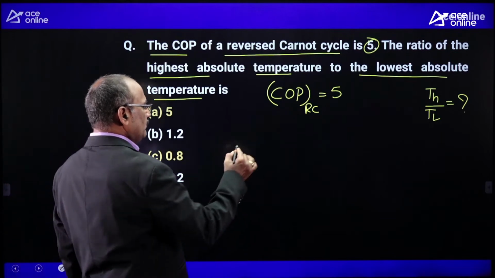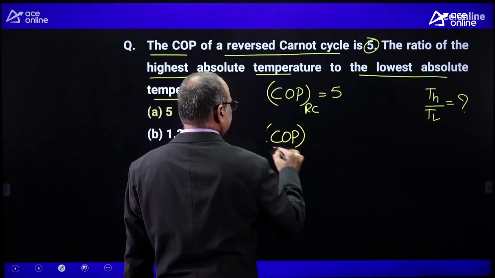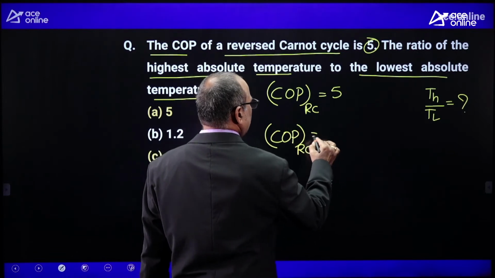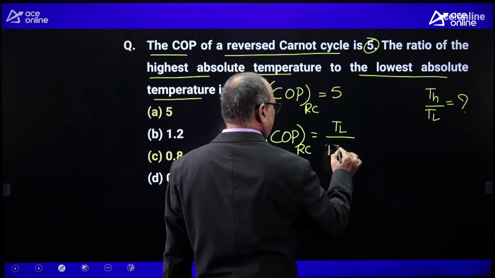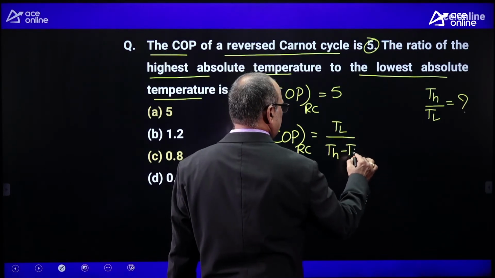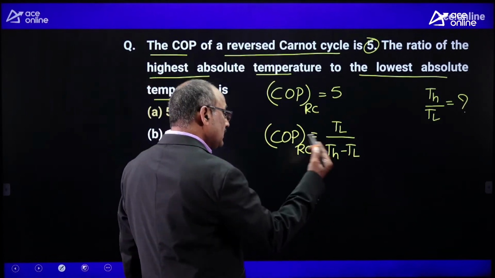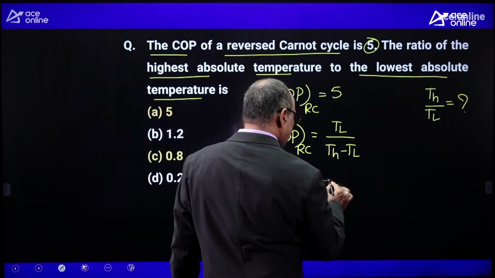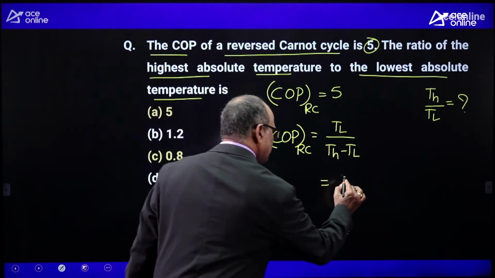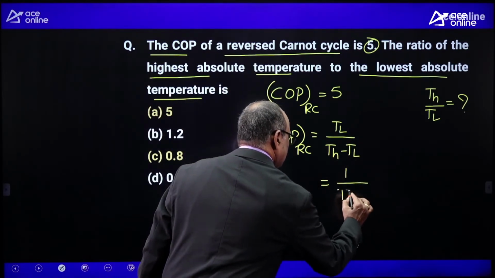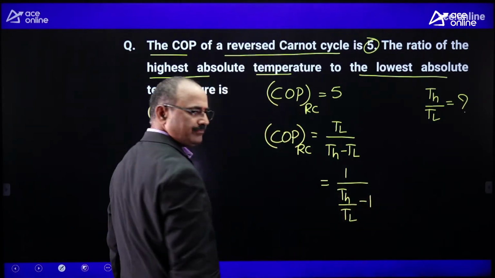Dear friends, as you know, the COP of the reversed Carnot cycle is equal to lowest absolute temperature by highest minus lowest absolute temperature. Isn't it? Yes. Dividing by TL on both sides, it can also be written as 1 by TH by TL minus 1.